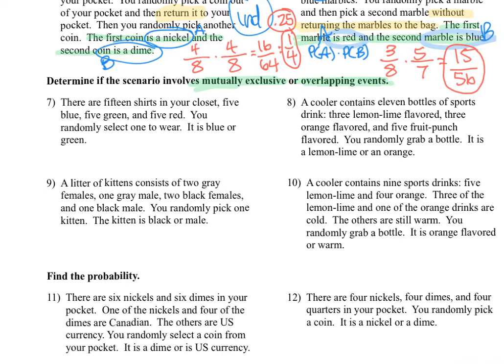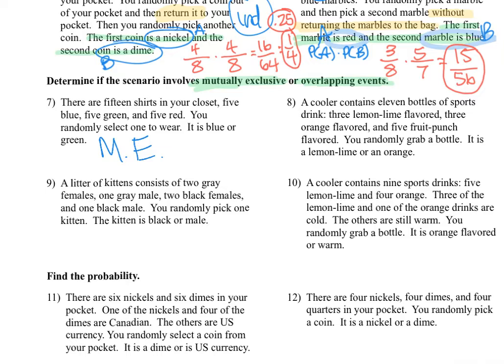Okay, so remember your or statements are mutually exclusive or overlapping. Now, we're just talking about colors here, okay? Is it blue or is it green? Can it be blue and green? No. So therefore, your events are mutually exclusive.